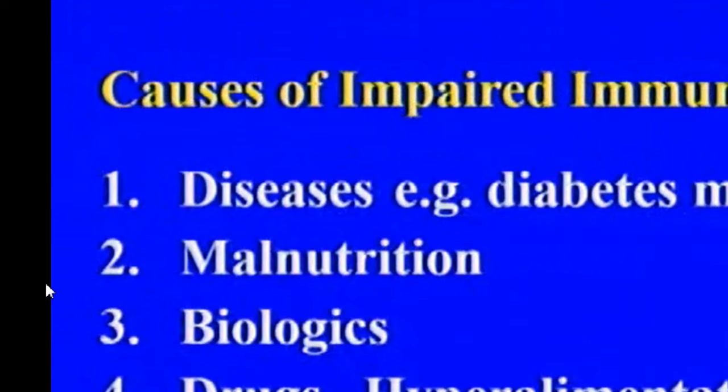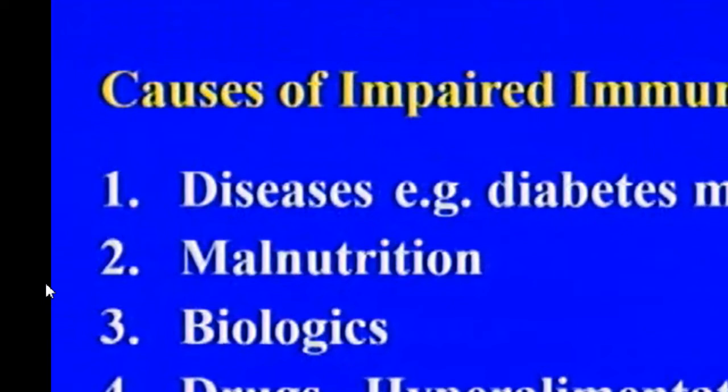It could be a disease, cancer, diabetes mellitus, or it could be malnutrition, or the use of biologics. As you know, if you give anti-TNF alpha to a patient who has a latent tuberculosis, you can reactivate the tuberculosis. Drugs and hyperalimentation are causes of the impaired immune system.